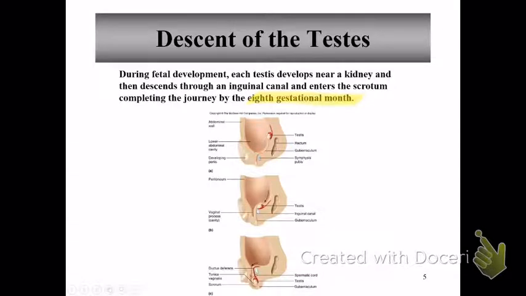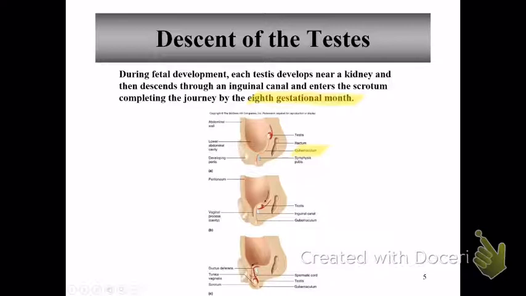So 8 months, testes start to descend, and you can see right here, gubernaculum. Yes, that is a real word, and I know that's hilarious. So gubernaculum, it's a connective tissue cord that actually guides the testes into the scrotum. It helps them to drop down. 8th month, that's the part you want to know. The scrotum, we already said, that's the sac-like pouch that the testes sit in.